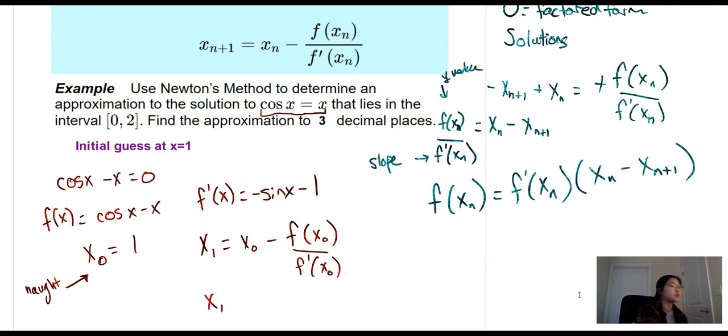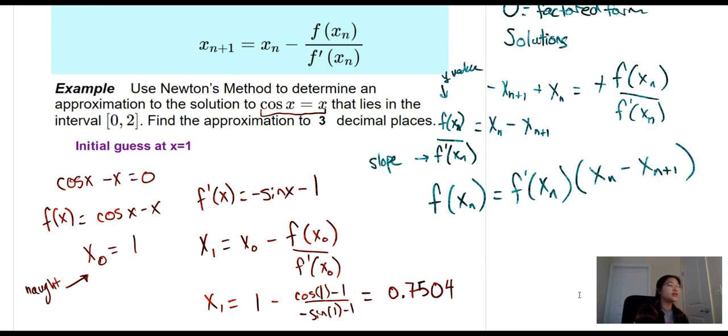So I have x sub 1 equals 1 minus f of 1, which is cosine of 1 minus 1, all over negative sine of 1 minus 1. And then I plug that in and I get some number, and it's like 0.75 something, 0.4 stuff. Okay.